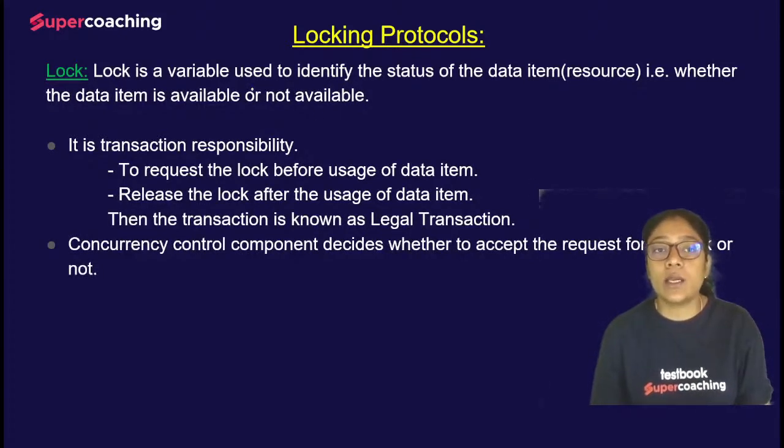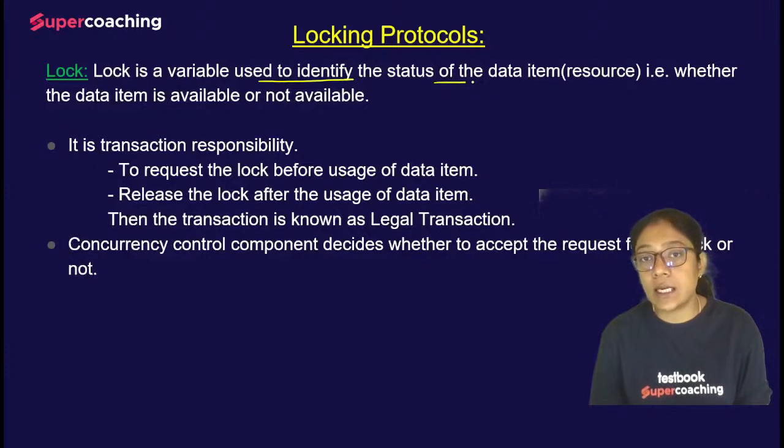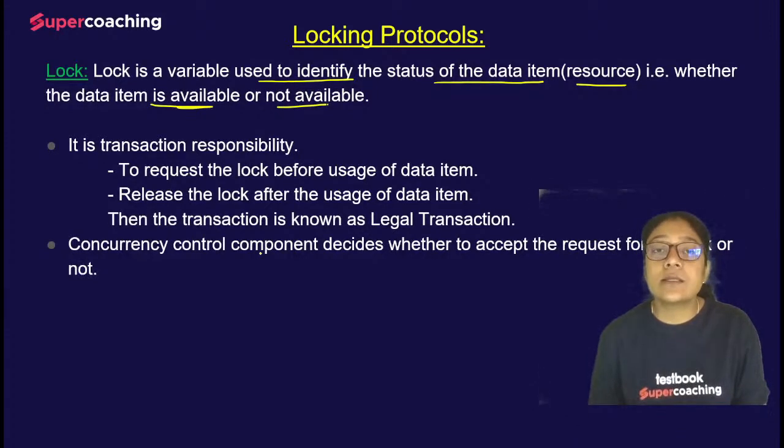So lock is a variable used to identify the status of the data item, that is, some resource, whether the data item is available or not. Whose responsibility is this? Obviously this is the responsibility of the transaction. It's the responsibility of the transaction to request for the lock before the usage of the data item.